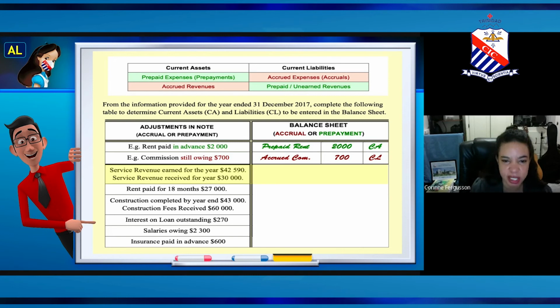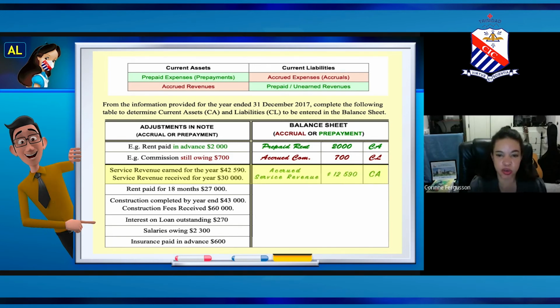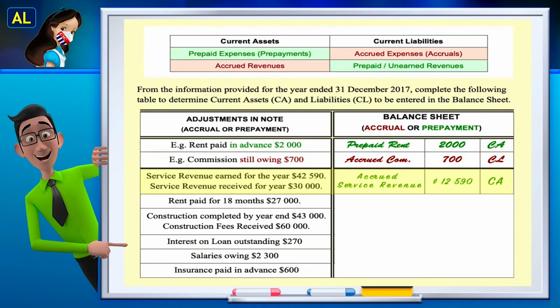So looking at it this way, we received less than the amount earned, and whenever you receive less, that means that there's money owing to you because you earned this amount and you only received the 30,000. So that would mean an accrued revenue. And what is the difference? The difference is 12,590, and an accrued revenue is a current asset.